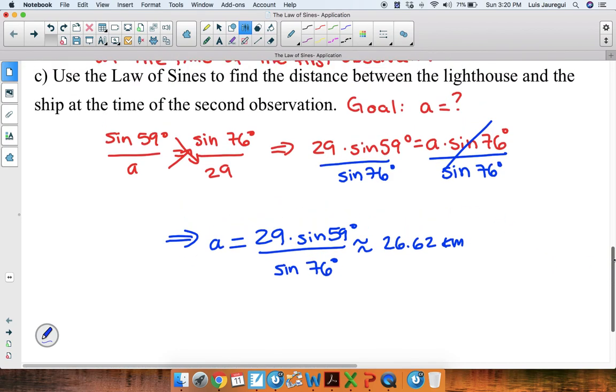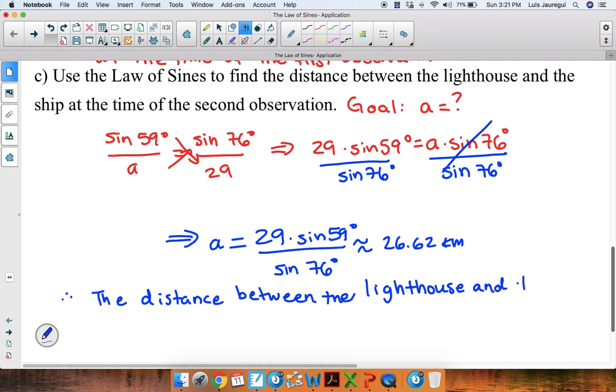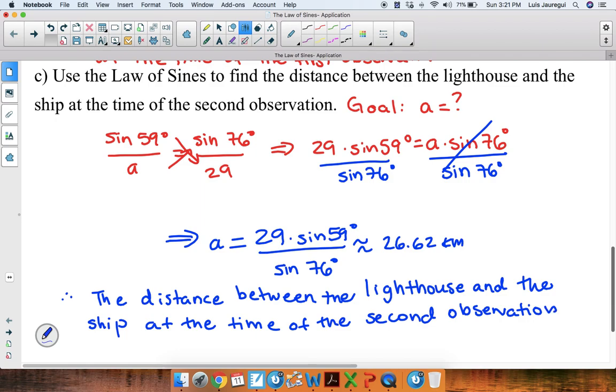So one can conclude the following. Therefore, the distance between the lighthouse and the ship at the time of the second observation is about 26.62 kilometers.